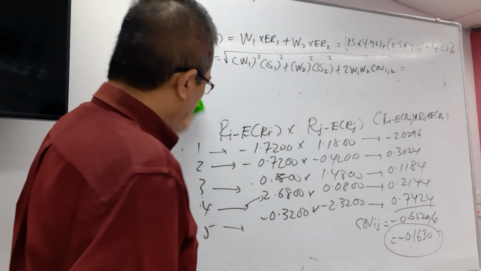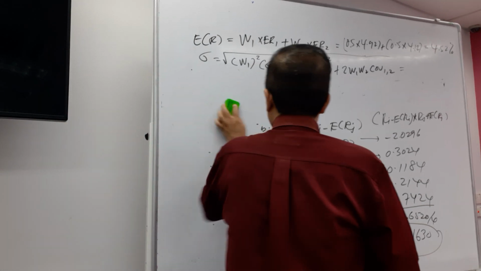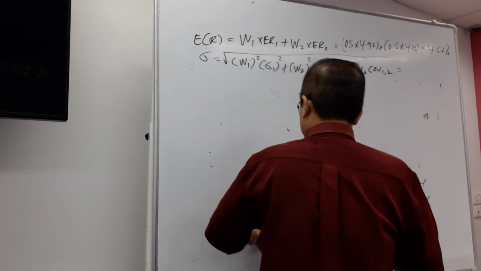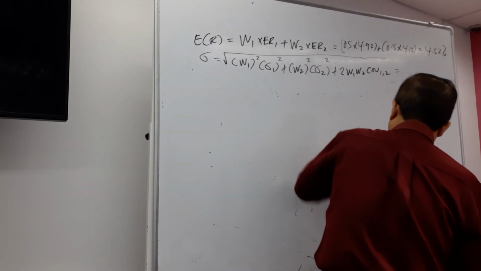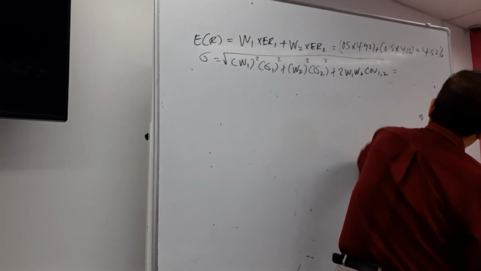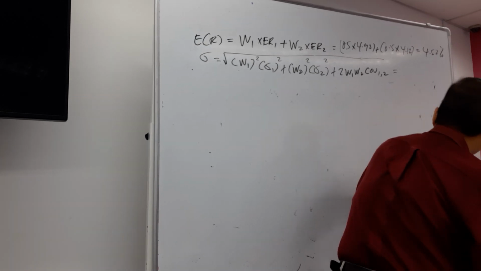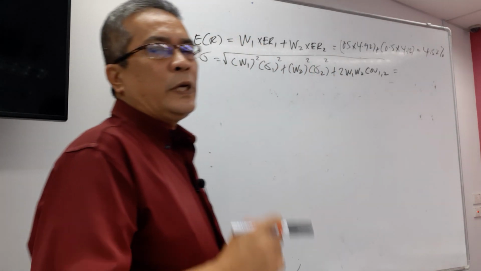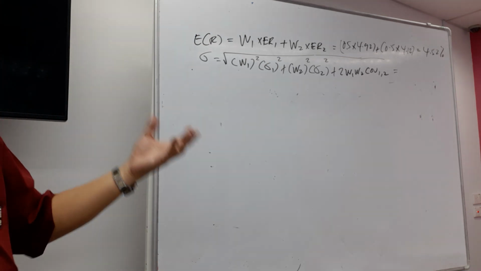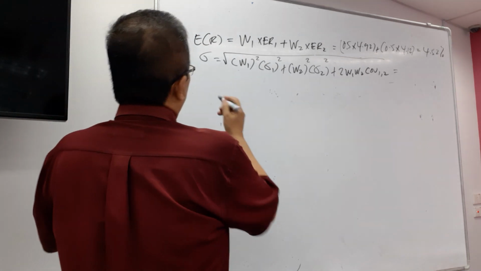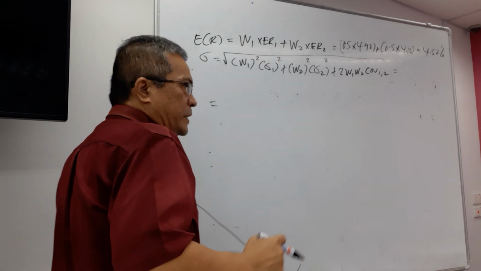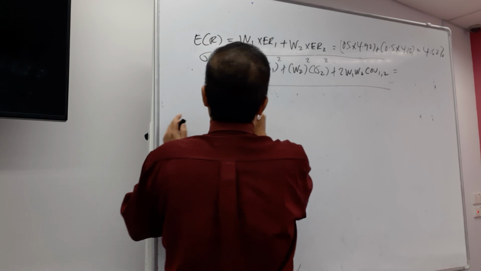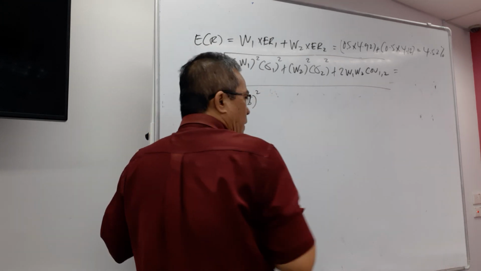I erase this part. This is very simple. All you need to do is simply plug in the numbers here, and if you don't make any mistakes, inshallah you get the answer. So here W1 is 0.5 to the power of 2.